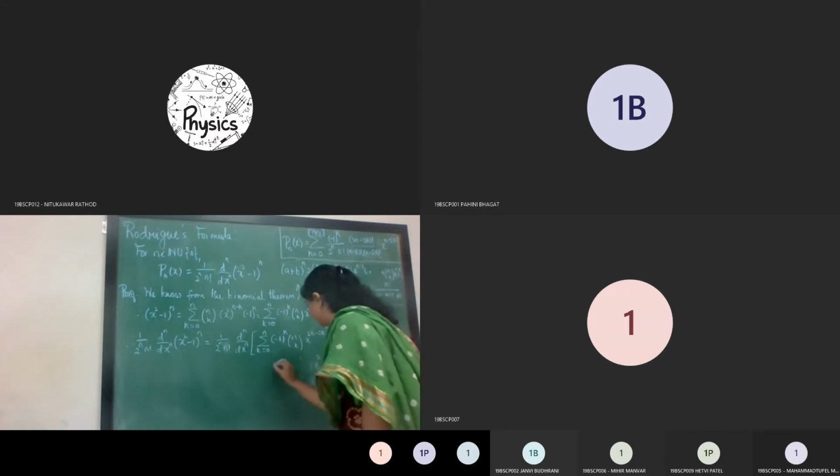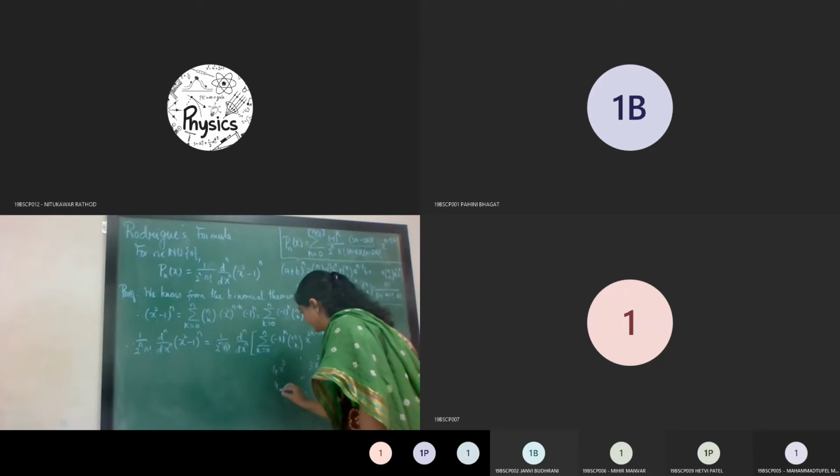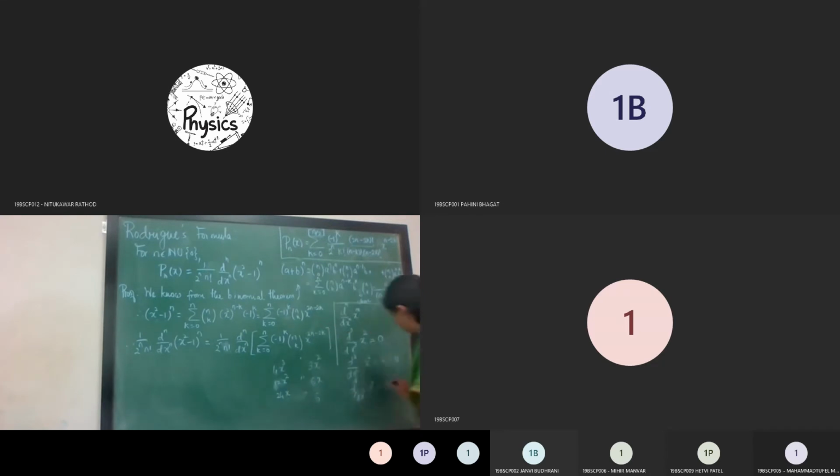My aim is that it will be non-zero. So the first order derivative will be 4x cube, then 12x square, then 24x. So this will be 24x. Now observe all these quantities. The order of derivative here was 3, and the polynomial power was 2.